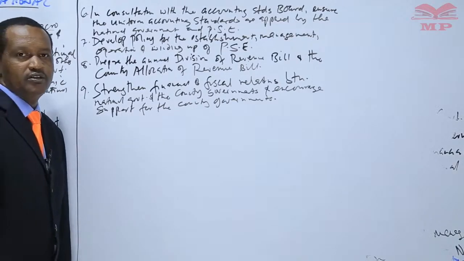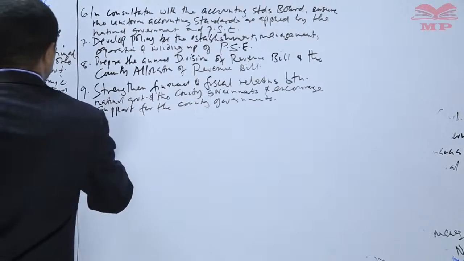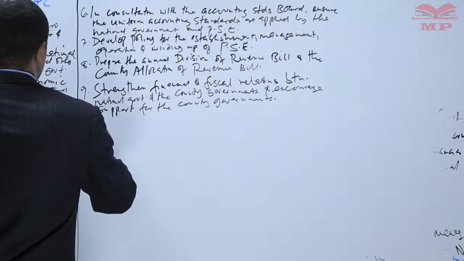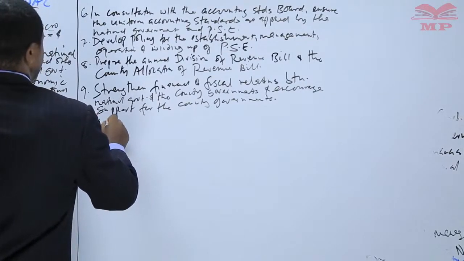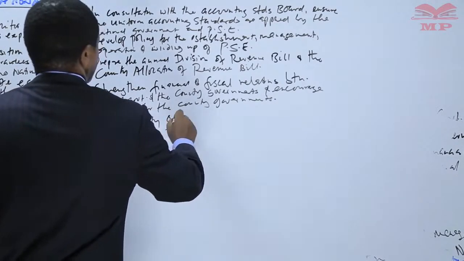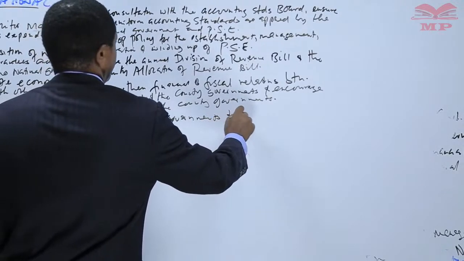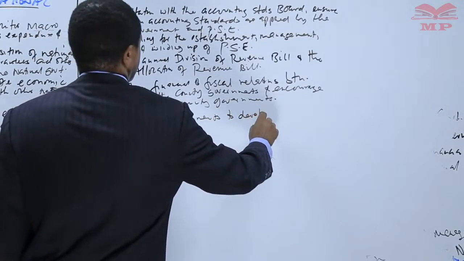That is responsibility number 9. Number 10 is to assist county governments to develop capacity.